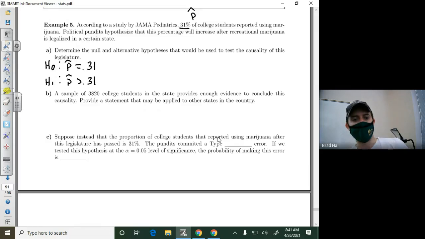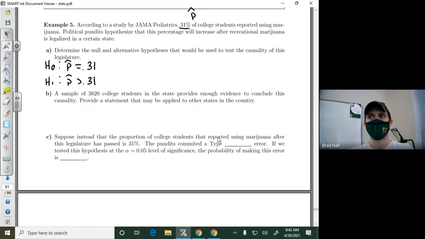So assume in part B that they actually show, well, the wording here is a little technical, enough evidence to conclude this causality. Causality means cause. What's the cause here? Ultimately, whenever you legalize recreational marijuana, the percentage of people who smoke it does in fact increase. Assume that's what they found in their study: the percentage of college students who reported using marijuana increased. Assume that is true.